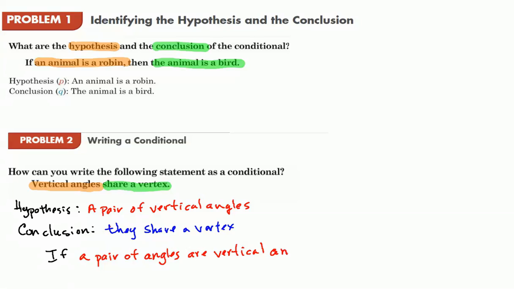If a pair of angles are vertical angles, then we can say they share a vertex. Okay, so there's our conditional statement. So that's an example of how to write a conditional. So break it apart, come up with your hypothesis and conclusion, and then try to make sense of it with if and then as a statement.